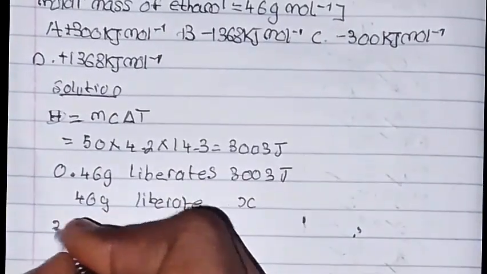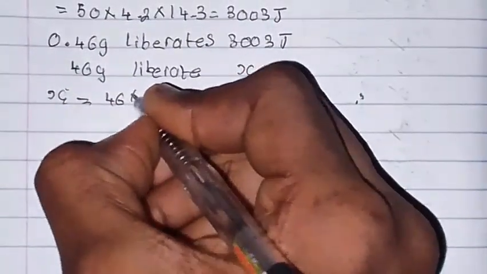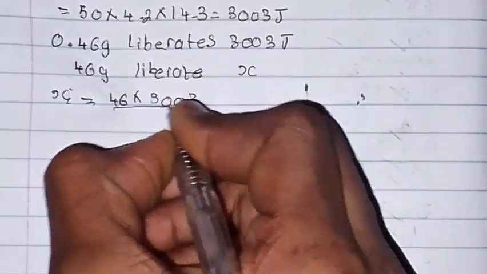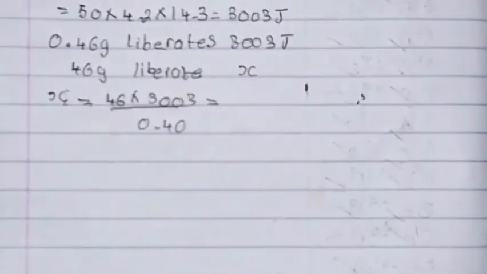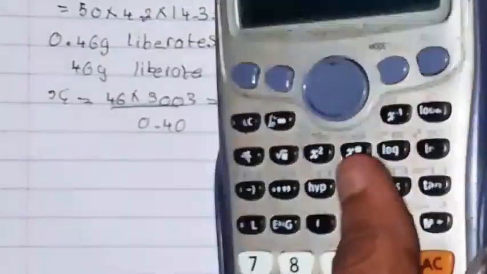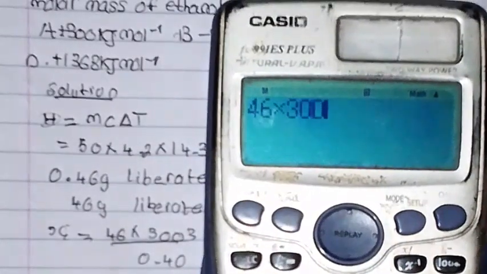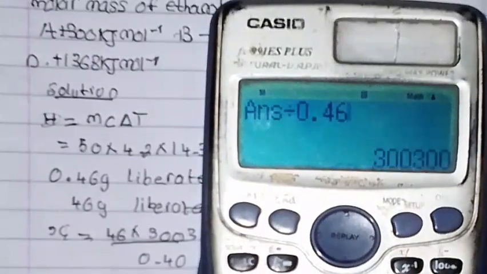So cross multiplying, X is equivalent to 46 times 3003 divided by 0.46. Alright, so let's input this: 46 times 3003 divided by 0.46.